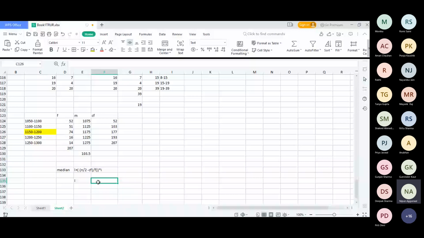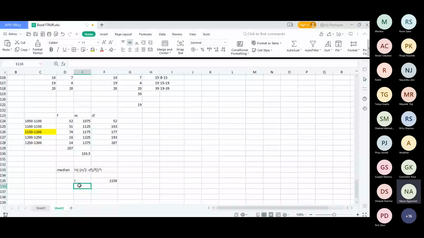So L is equal to 1150. Then n by 2: n is 207, so n by 2 is 103.5.